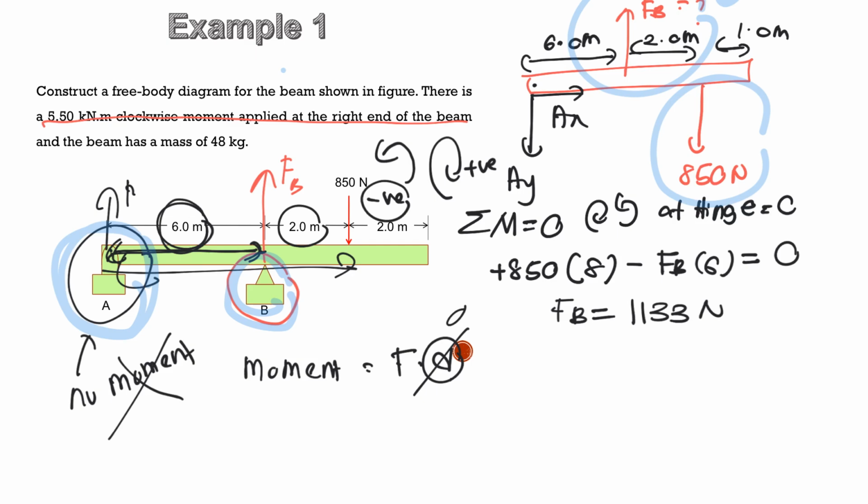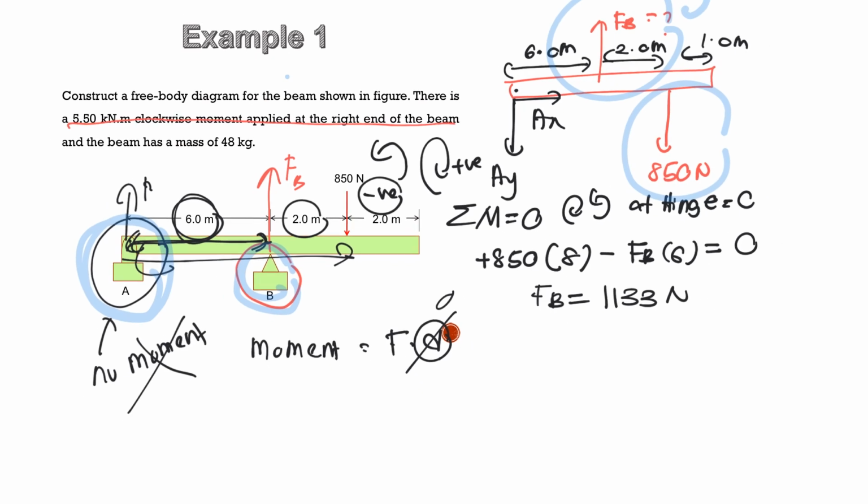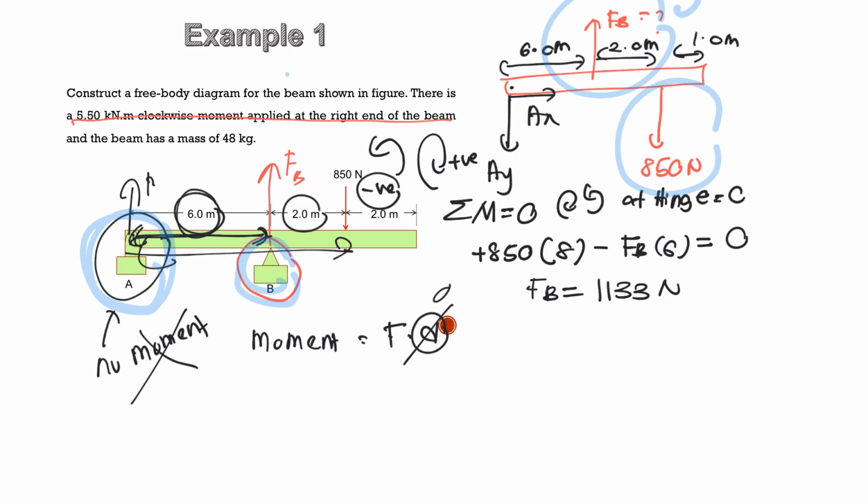Okay, let's proceed with the sum of Fx equal to 0 or sum of Fy equal to 0. You can start with Fx or Fy, it's up to you. Now I'm going to put sum of Fy first, sum of Fy equal to 0. When it comes to Fy, it is not moment.